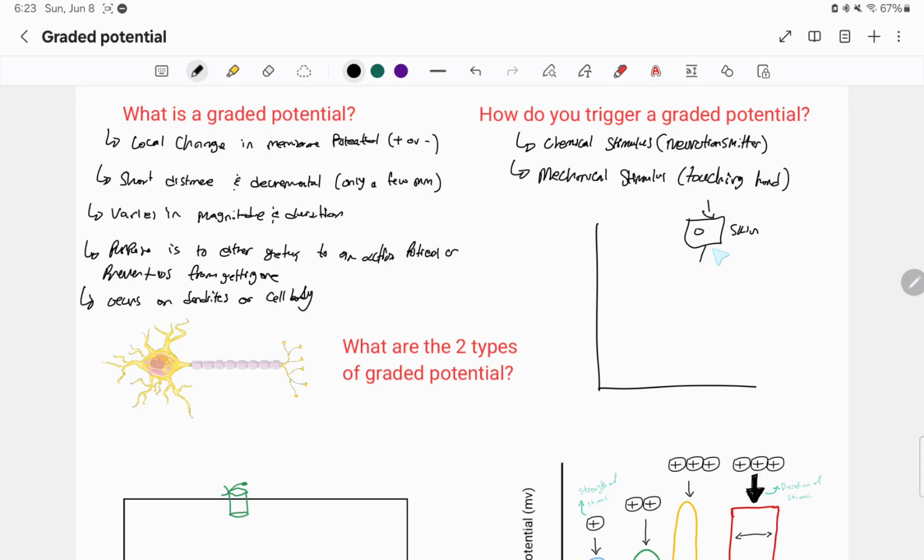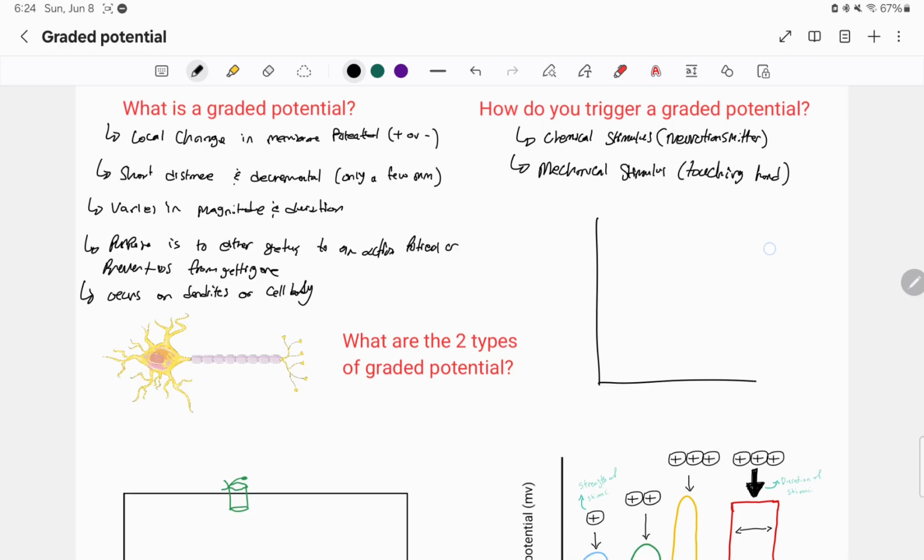Well, there are specific kinds of neurons that are attached to the end of my skin, and they have sensory receptors that, whenever I touch, I mechanically deform the shape of that receptor, and that causes a local change in membrane potential, or a graded potential, which then turns into an action potential, which will tell this neuron that, hey, somebody's touching my skin. That's a very oversimplified version of it, but that's what a mechanical stimulus is. It's just mechanically deforming something.